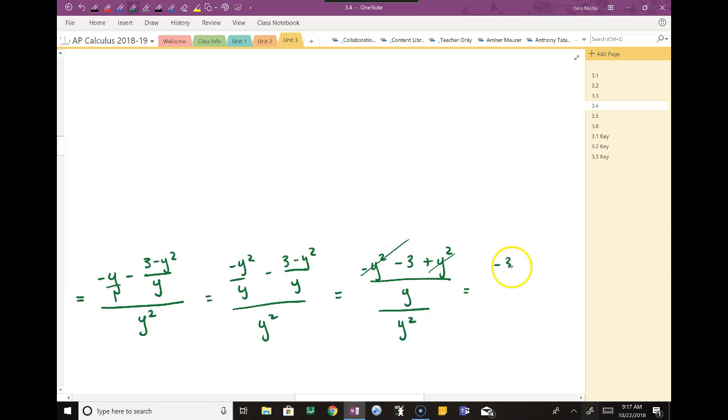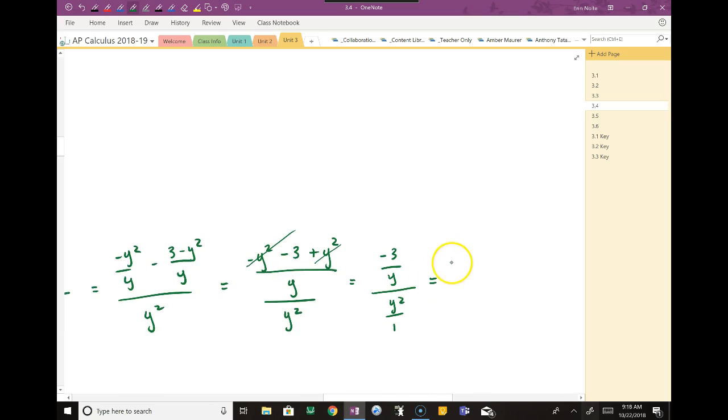So you end up with negative 3 over y. And if you divide by y squared over 1, that's the same as multiplying by its reciprocal. At the end of the day, you end up with negative 3 over y cubed.